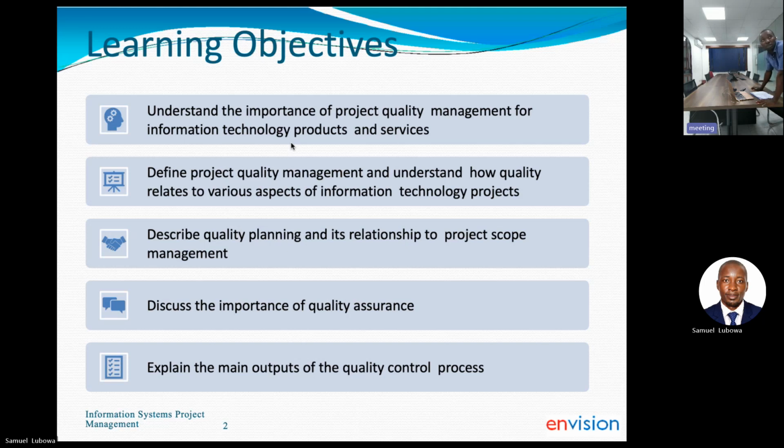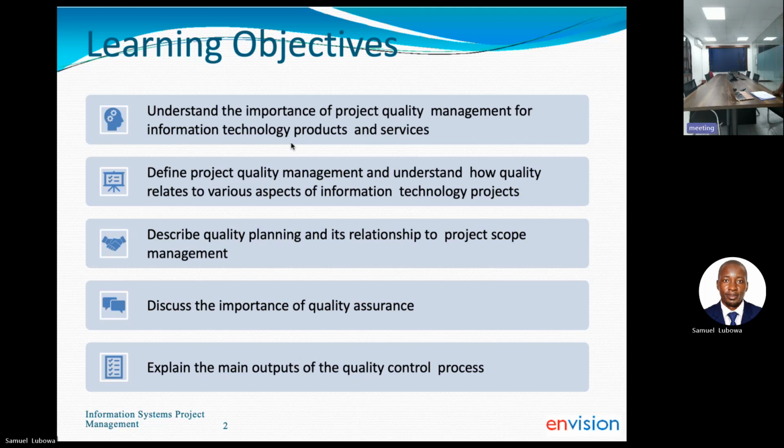project quality management for information technology products and services. By all means, we also need to define project quality management and understand how quality relates to various aspects of IT projects. Another objective is to describe quality planning and its relationship to project scope management.